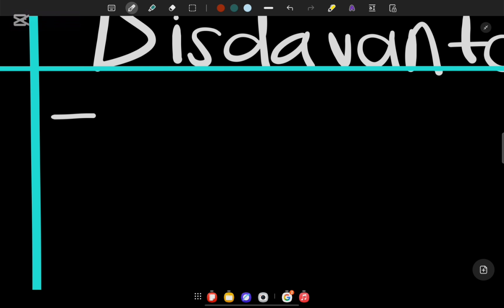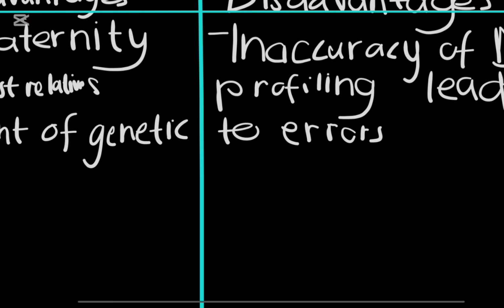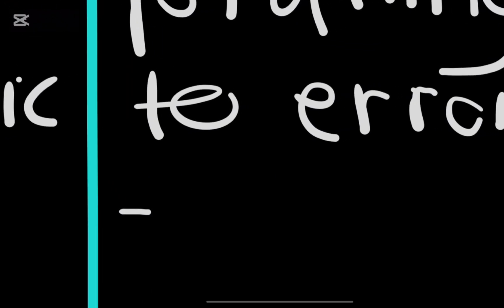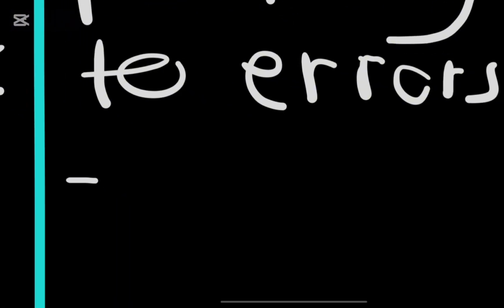One of the disadvantages of DNA profiling is that it can be inaccurate. Inaccuracy of the DNA profiling process leads to errors. The second one is human error in interpretation of results.